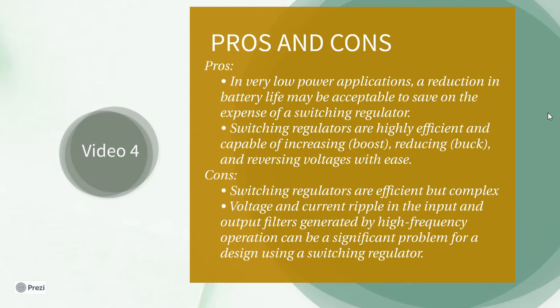Cons: switching regulators are efficient but complex. Voltage and current ripple in the input and output filters generated by high frequency operation can be a significant problem for a design using a switching regulator.